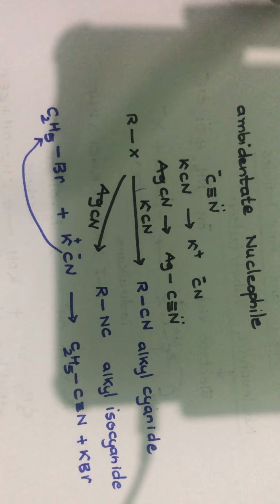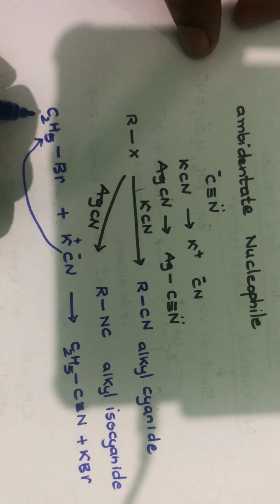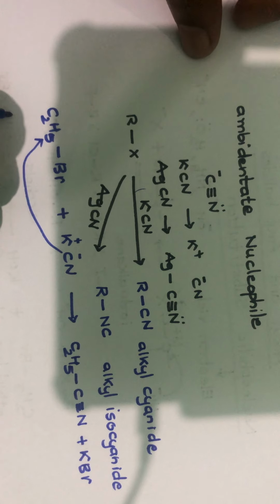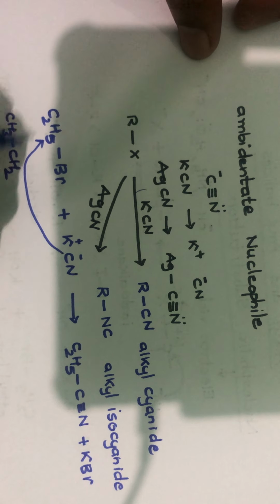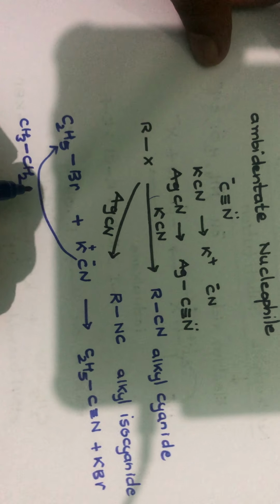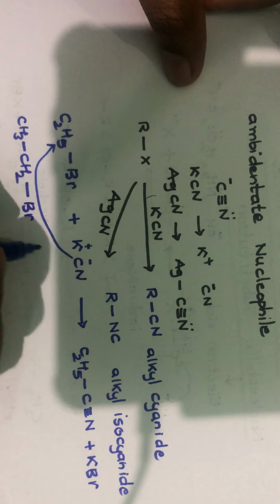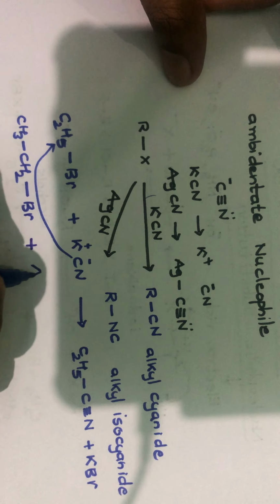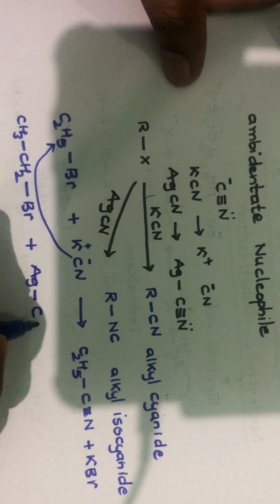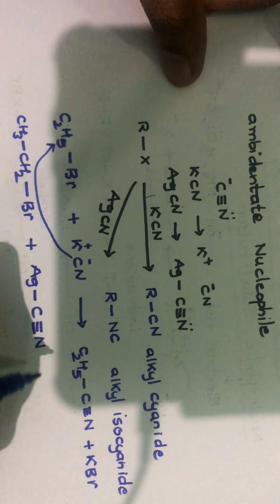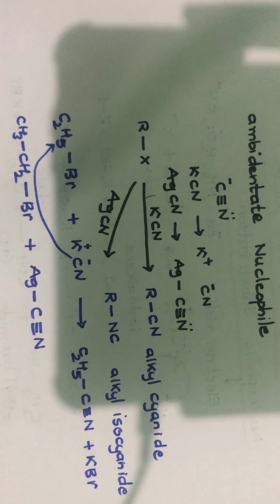Now if you use the same, I will just write C2H5 as CH3CH2Br. If we treat it with AgCN, what happens?